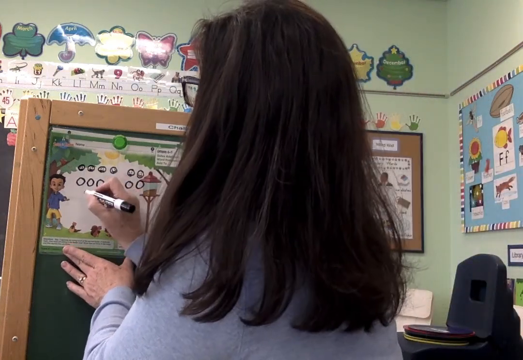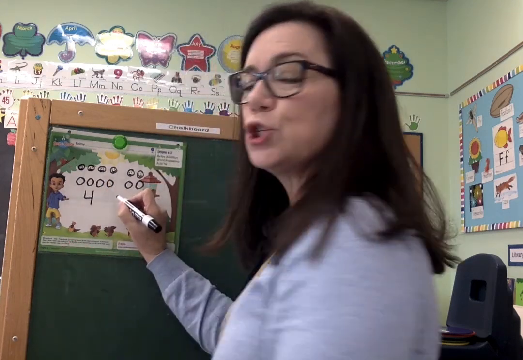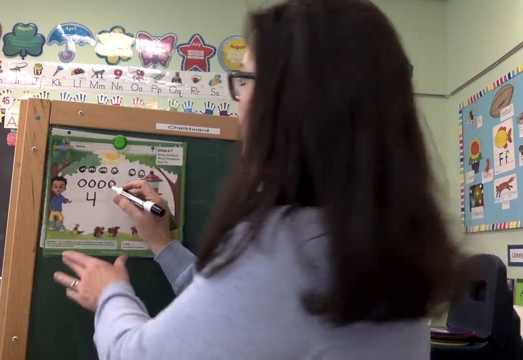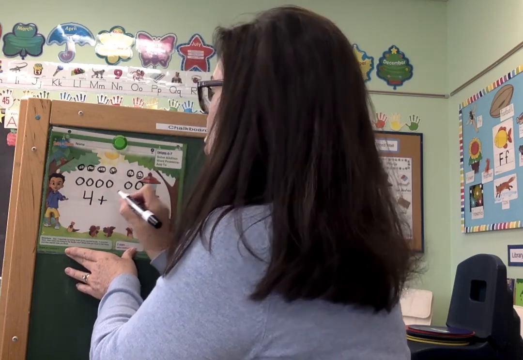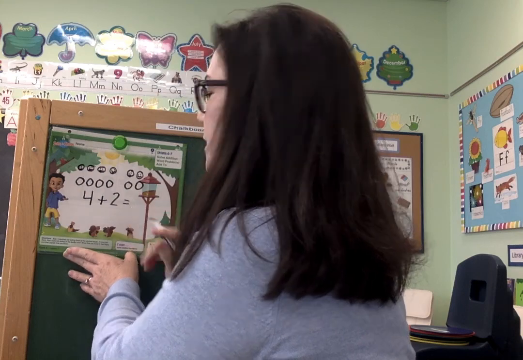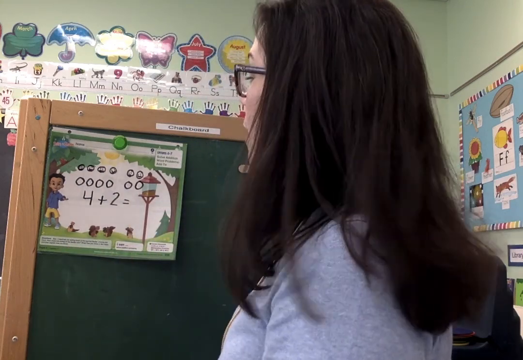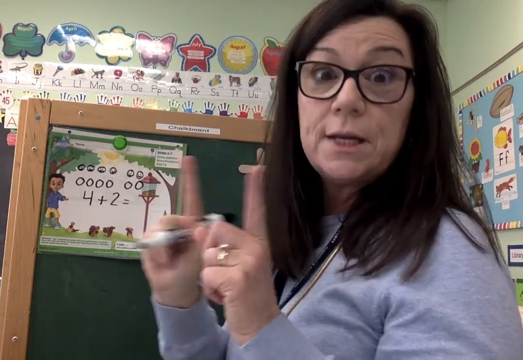And now I would like to show it as an equation. So there were 4, so I'm going to write the number symbol 4. Do you remember what we use for and? The plus sign. 2 more equals. Now I need to find out how many I have in all. So I need to go count. I can count my counters or I can count the smiley faces, but not both.